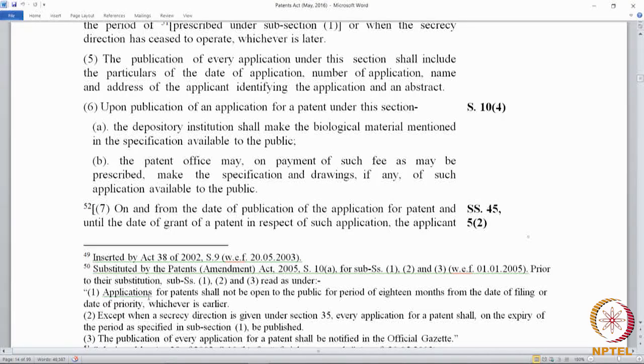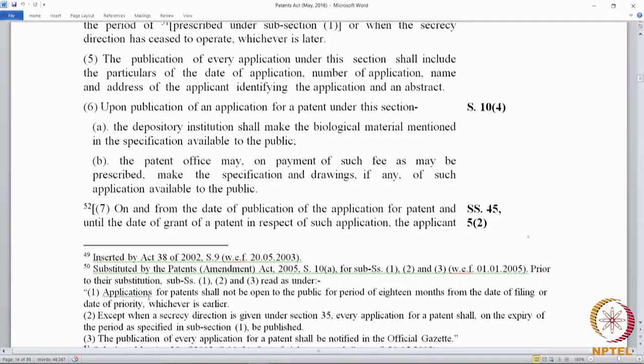Now, this indicates that the grant is published, and the details of the grant, the final form in which the complete specification was granted, the provisional specification if any, and all these things will be open to the public for inspection, and there is a procedure before the patent office where you can seek further information on patents by paying the required fees.